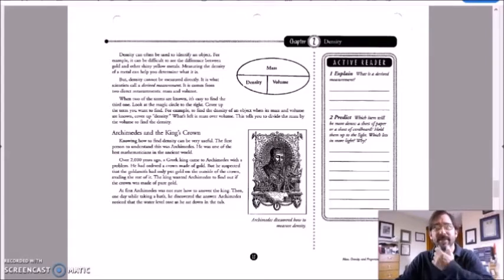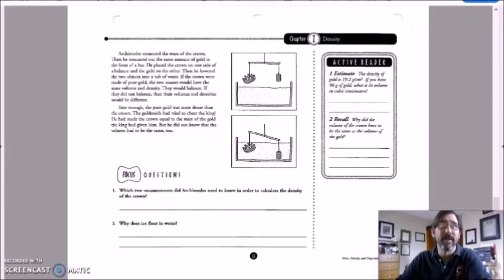At first, Archimedes was not sure how to answer the king. Then one day, while taking a bath, he discovered the answer. Archimedes noticed that the water level rose as he sat down in the tub. Archimedes measured the mass of the crown.